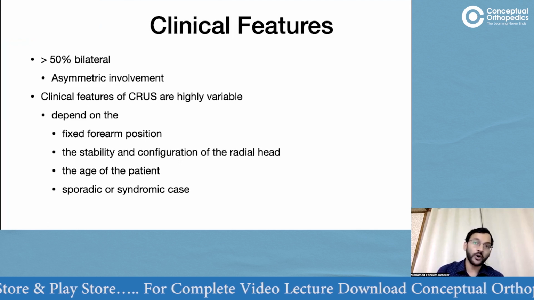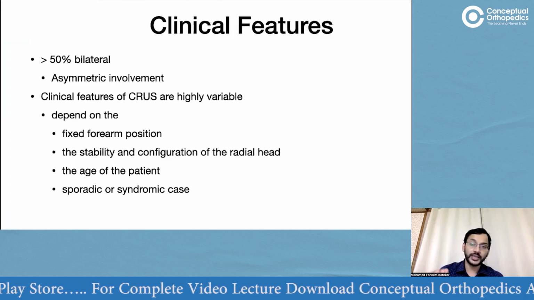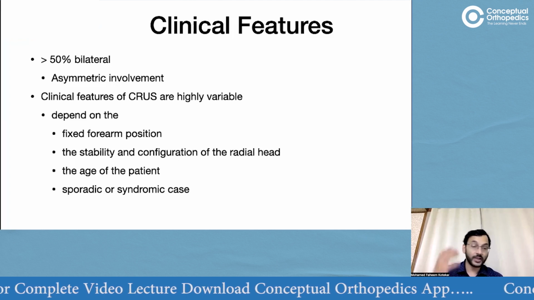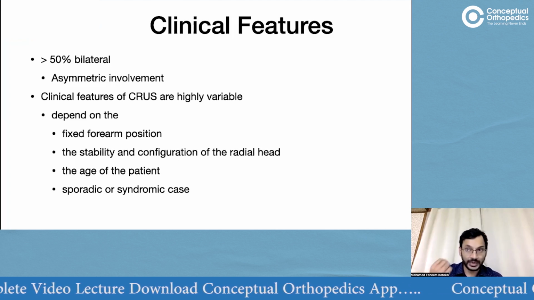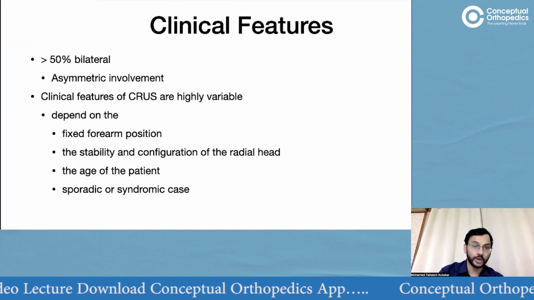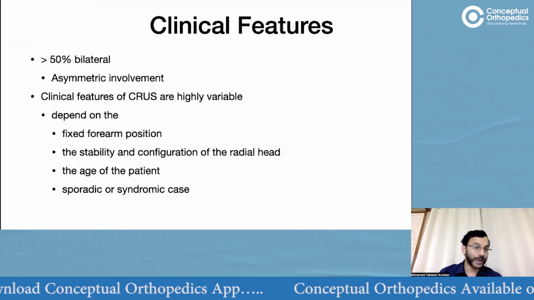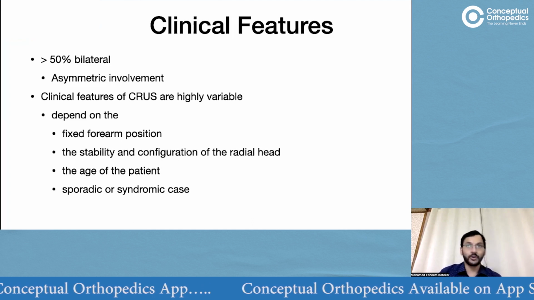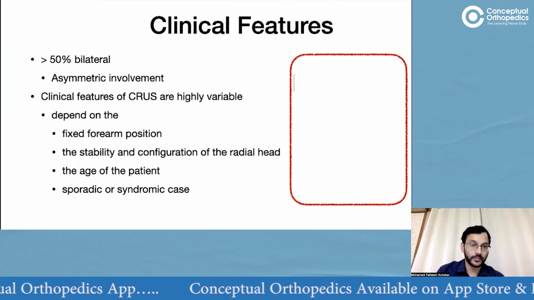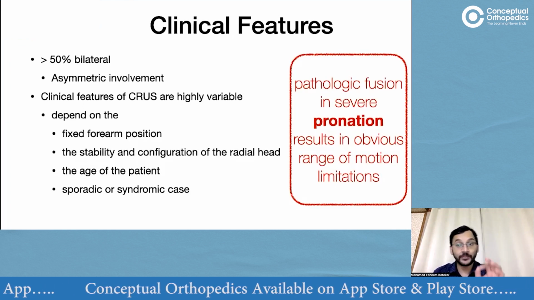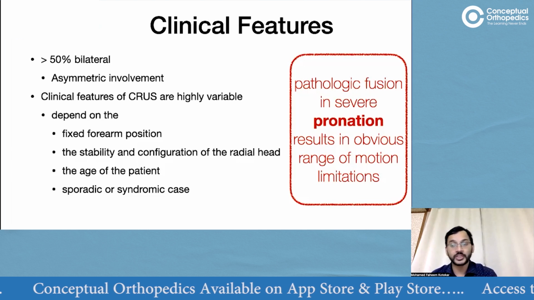They depend on the position at which the forearm is fixed, the stability of the radial head, whether it is in its position within the radial notch or dislocated, the age of the patient, and whether it is a sporadic case or a syndromic case, along with Poland syndrome, etc. Remember, pathological fusion in severe pronation results in an obvious range of motion limitation.